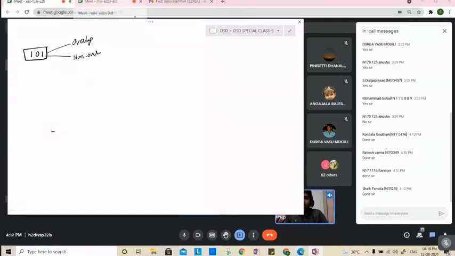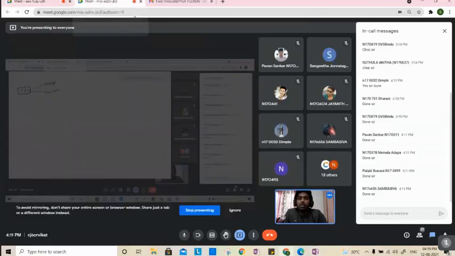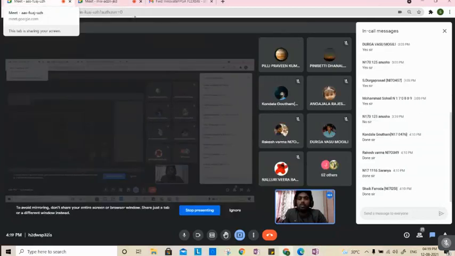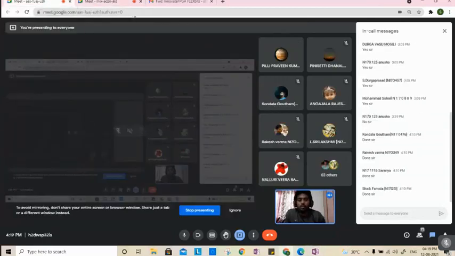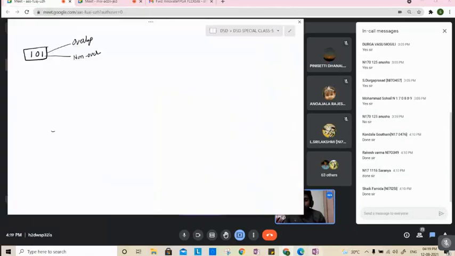Design finite state machine for detection of sequence 101 in overlap and non-overlap modes, both. And if it is done, please post a message.